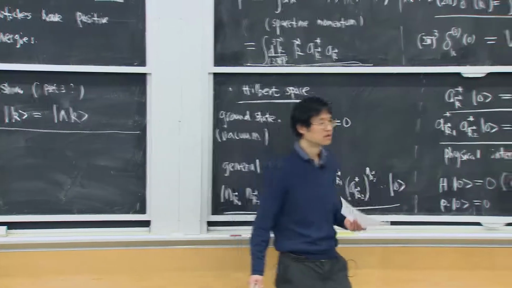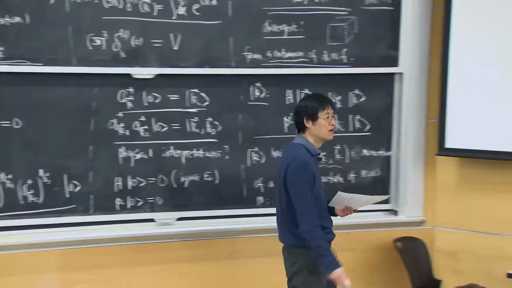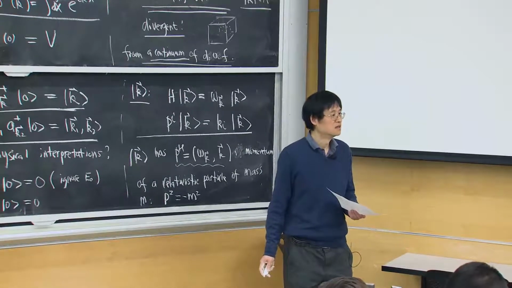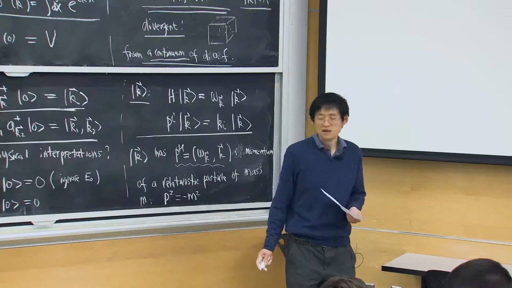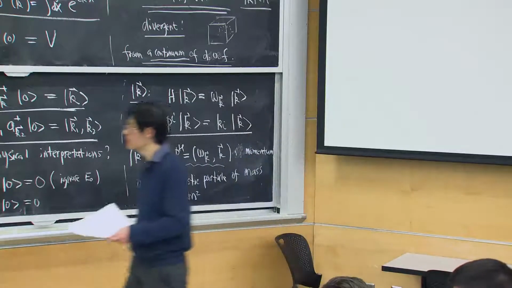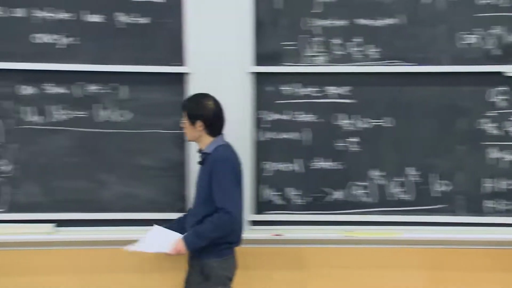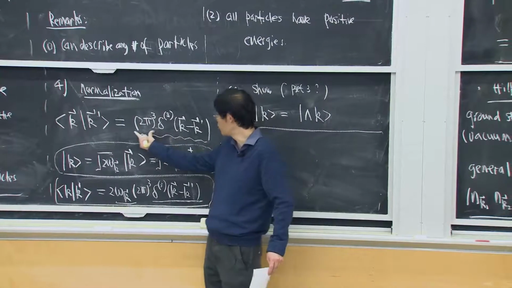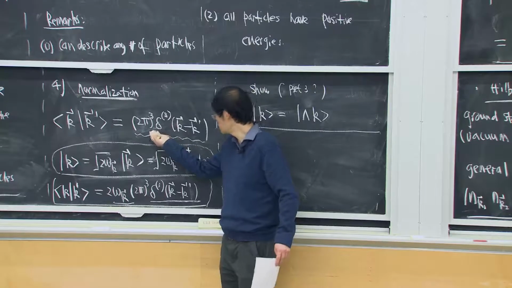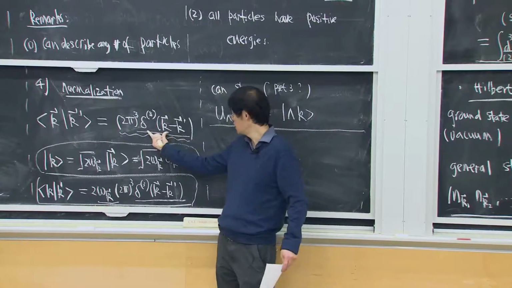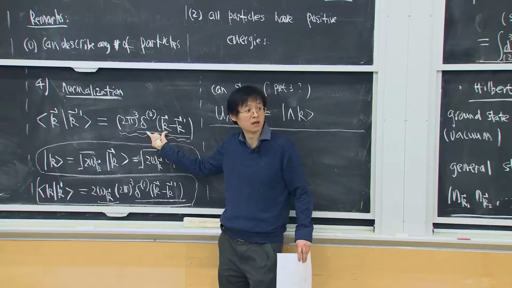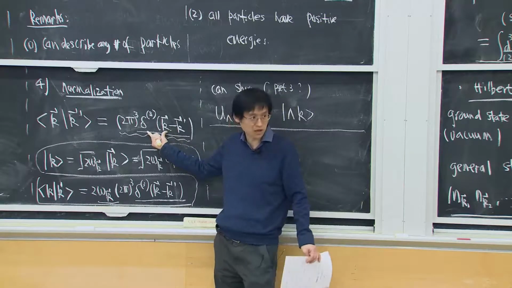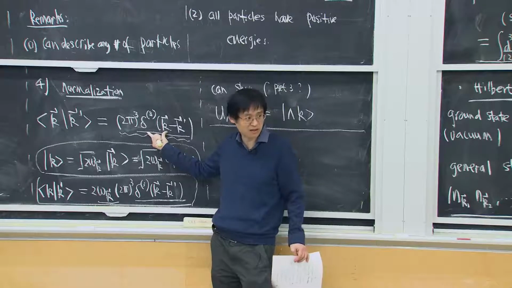Other questions? Yes? That inner product with the k prime, you said that's not Lorentz invariant. Is that if you're boosting one of the states? No, it's not about whether it's Lorentz invariant, it's that it's not Lorentz covariant. When you transform this object, it's very awkward. You can write down a transformation for it, it just does not transform nicely.